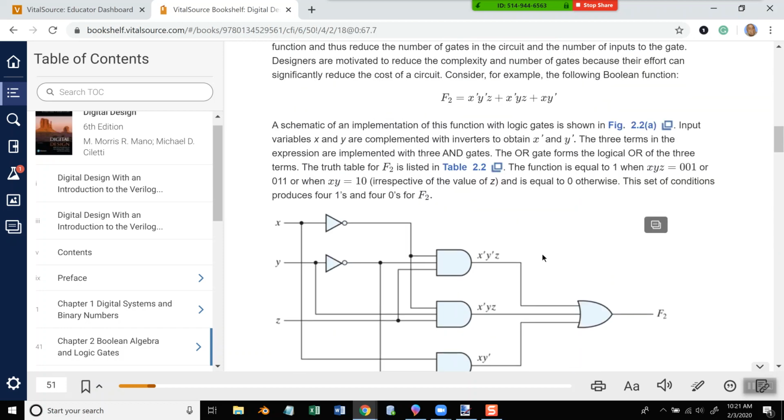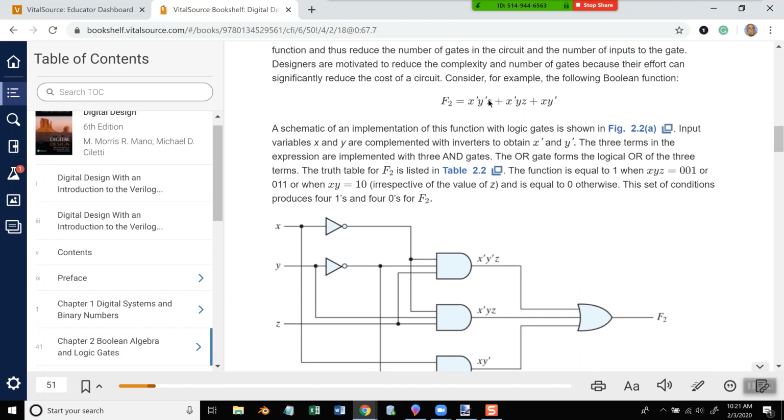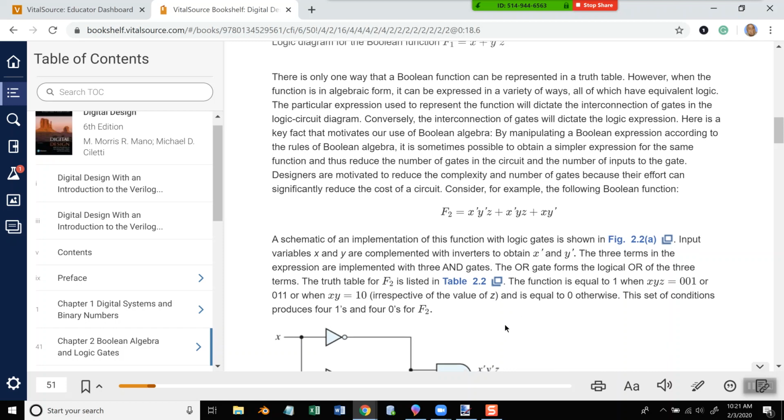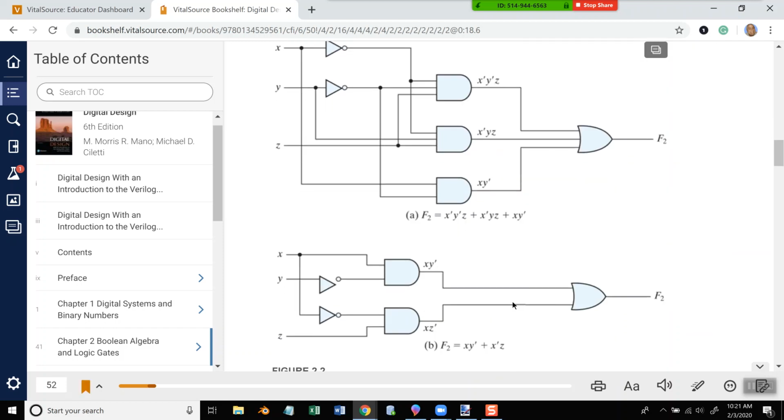And why do they have that? Does this simplify? They got F2 here. It does simplify.